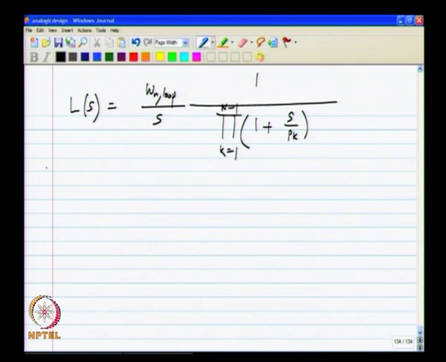So, now I will assume that all the poles are sufficiently greater than omega u loop.